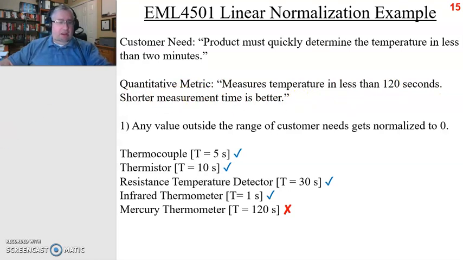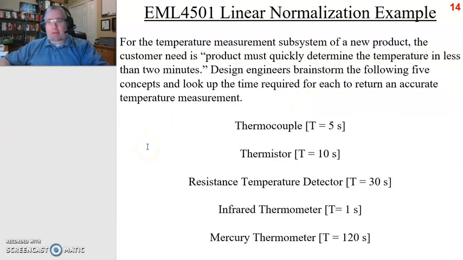So having come up with that quantitative metric, our design engineers for this particular design problem have gone to the drawing board and looked at all of the various ways that you could possibly measure temperature, and they brainstormed 5 possible techniques, right? So you guys will come up with 12 or more. These engineers probably are being lazy and need to come up with a few more concepts, but for purposes of this example, we'll leave it here at 5.